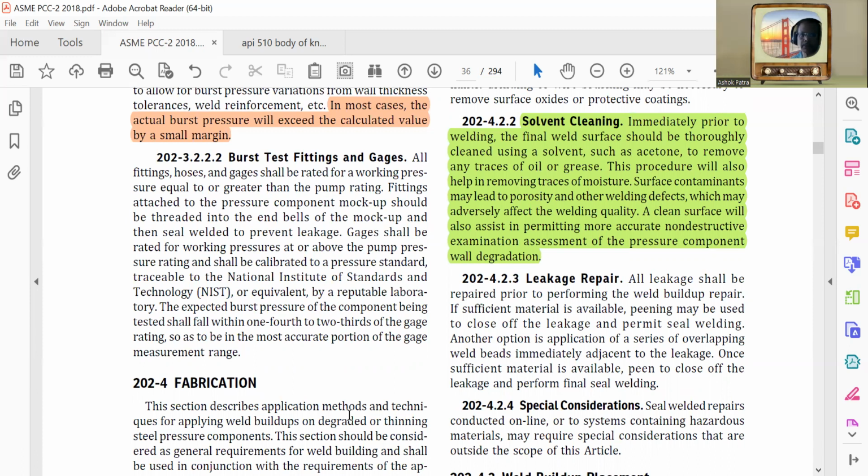The expected burst pressure of the component being tested shall fall within 1/4 to 2/3 of the gauge rating so as to be in the most accurate portion of the gauge measurement range.